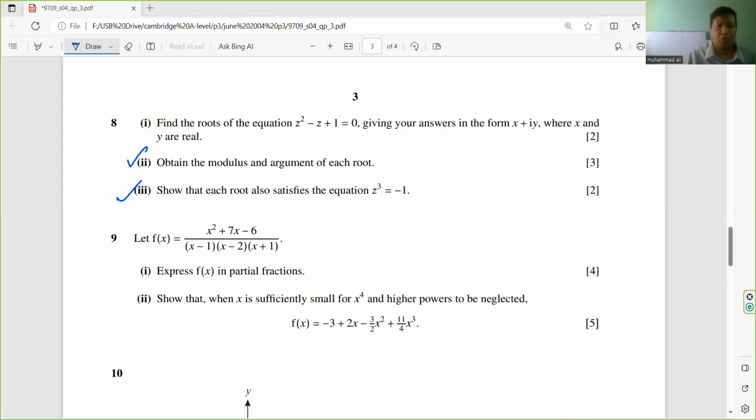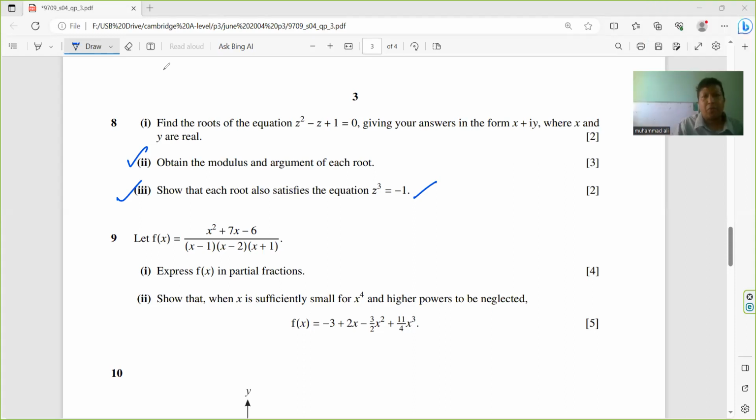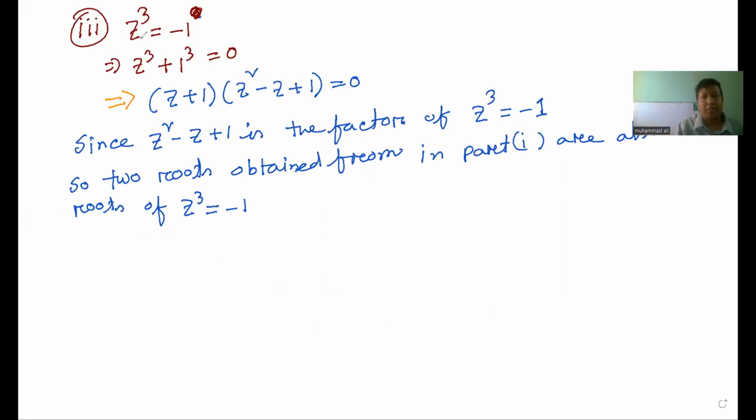Now show that each root also satisfies the equation z cubed equals minus 1. Okay. z cubed equals minus 1, we can write as z cubed plus 1 cubed equals 0.